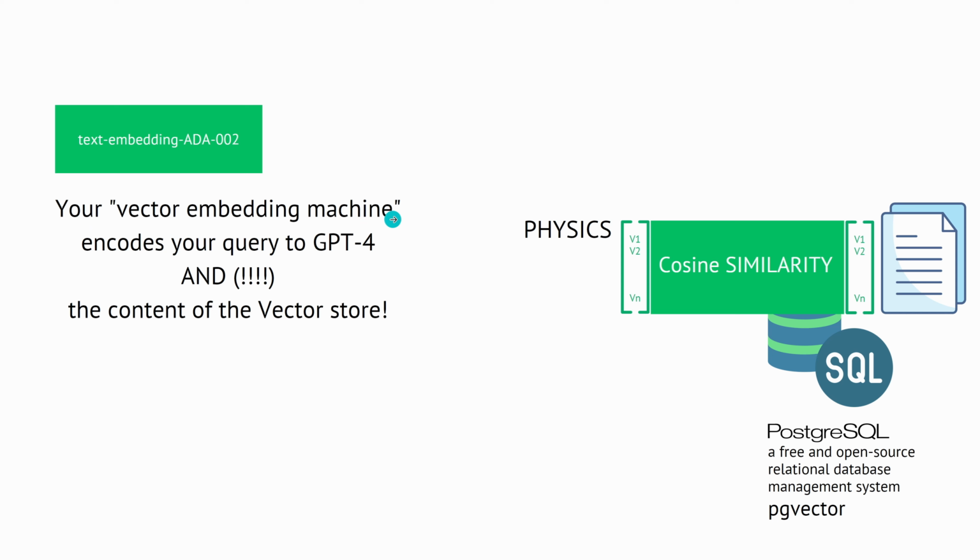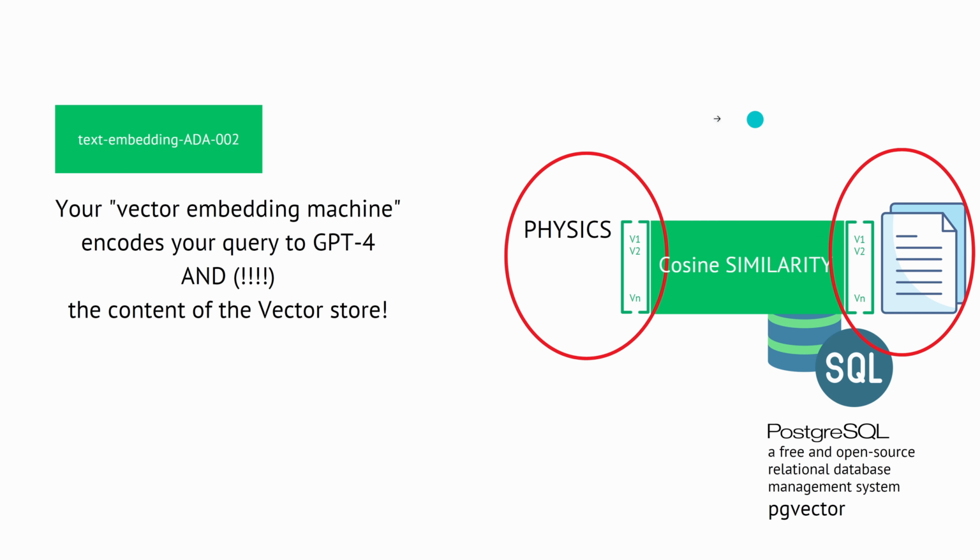Your vector embedding machine, here my text embedding Ada 002 model from OpenAI, encodes your query that you have to GPT-4, and the content of the vector store. So whatever you fill into this vector store, it has to be the absolute same model that encodes your query in a vector representation. Let me make this clear.